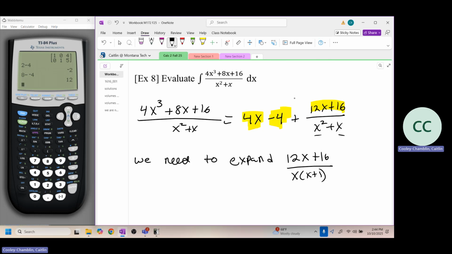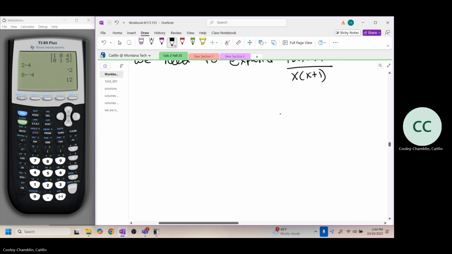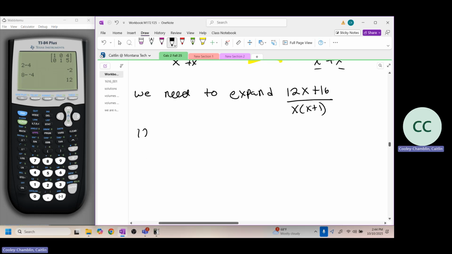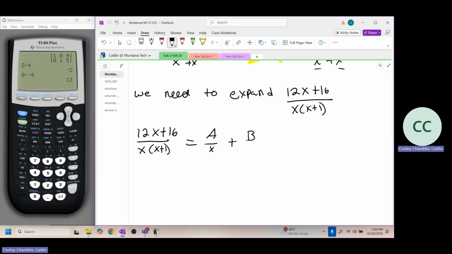So let's go ahead and expand that. So I have 12x plus 16 over x times x plus 1, and this equals a over x plus b over x plus 1.